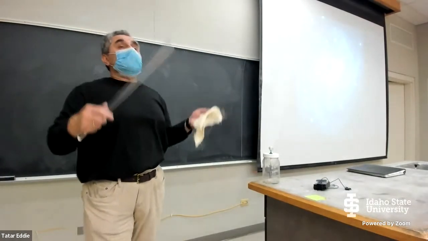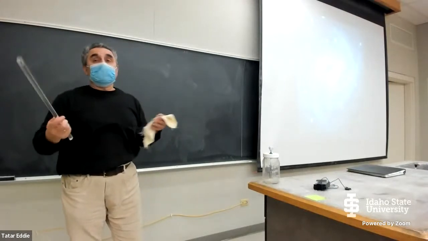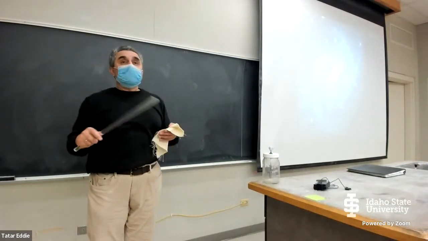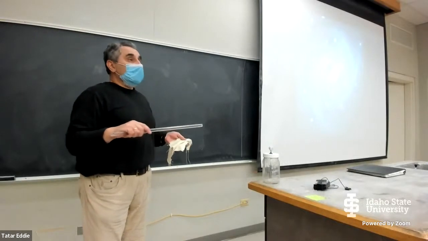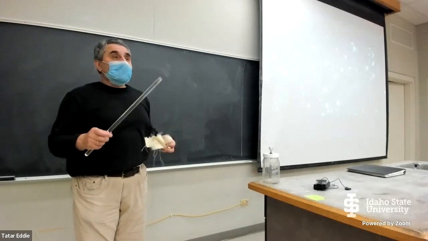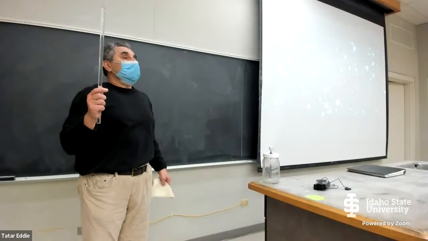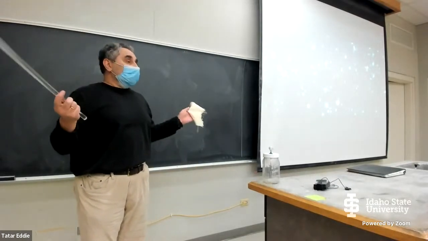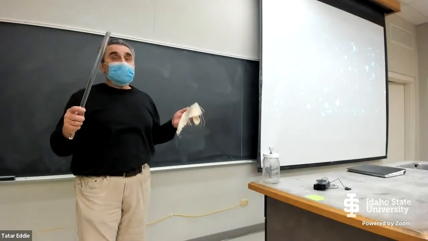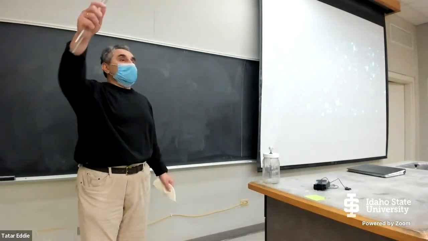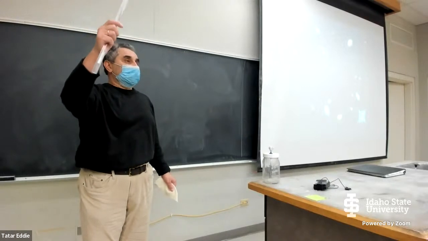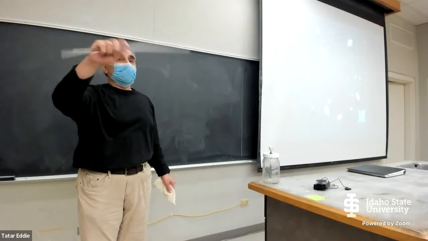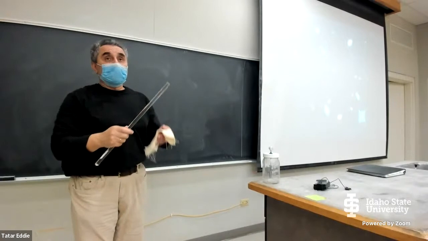Now, of course, we know that materials are made of atoms, and atoms contain electrons and protons. The electrons carry electric charge that we call negative. Protons carry positive electric charge. Ordinary matter contains an equal number of electrons and protons.